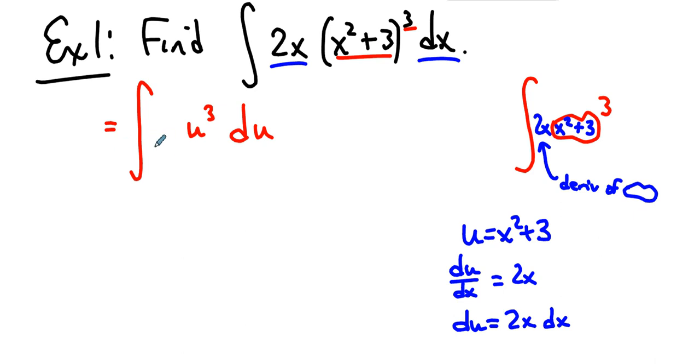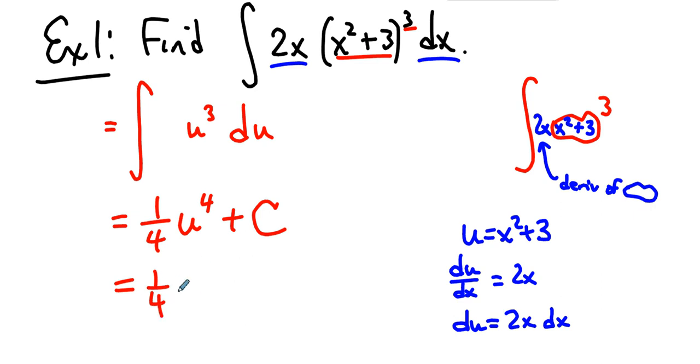So what do we do with this? Well, we do this the same way we would have done any other indefinite integral. We use the power rule on u cubed. We increase the power by 1 and divide by that new power, and it's a family of functions. We don't give the answer in terms of u because the question was asked in terms of x.